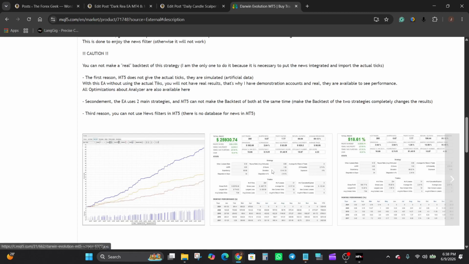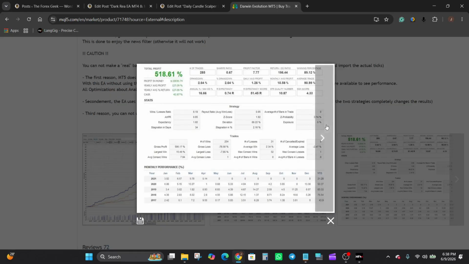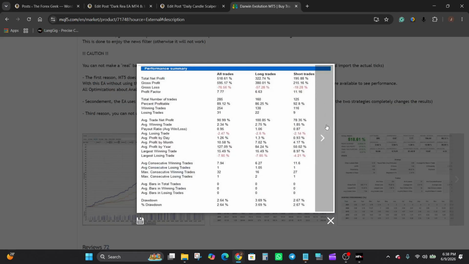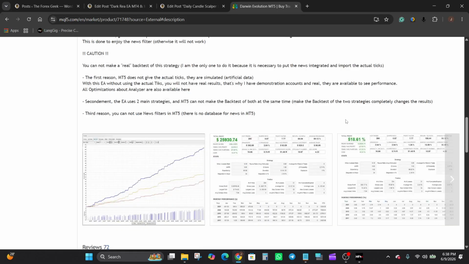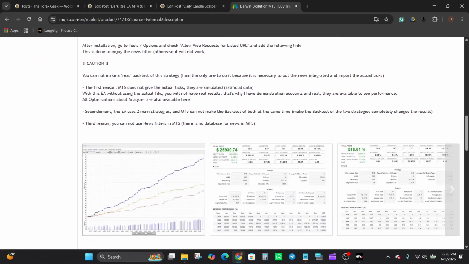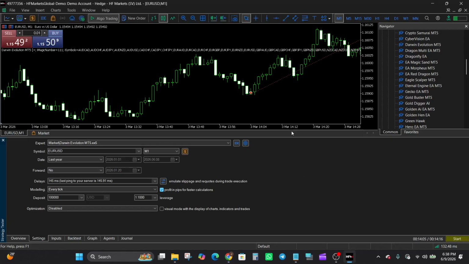However, the image shown here seems to be the profits made from the EA over several years. All right. Whatever the case may be, whether they are actually the real profits made or not, we're just going to head over to our strategy tester to test the expert advisor regardless.